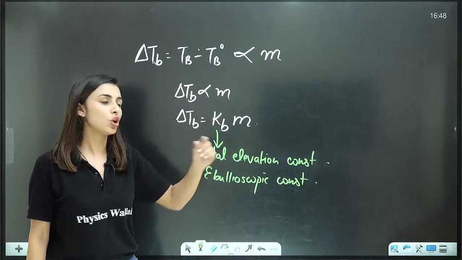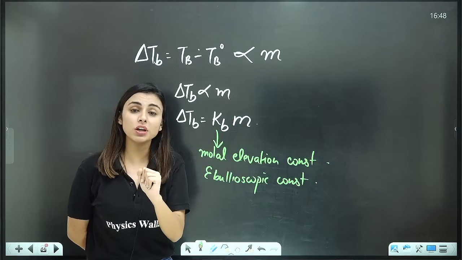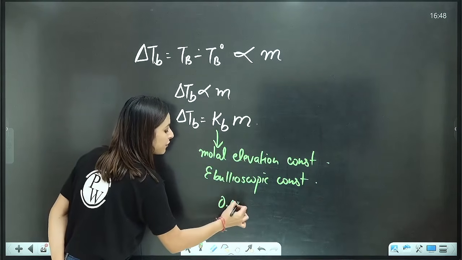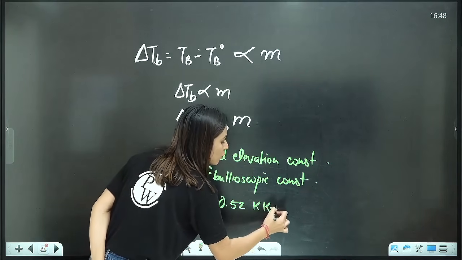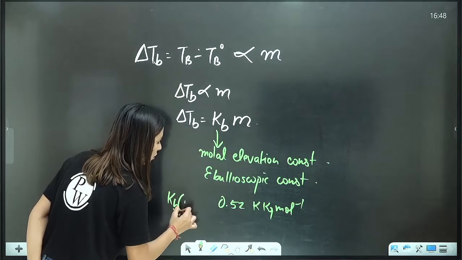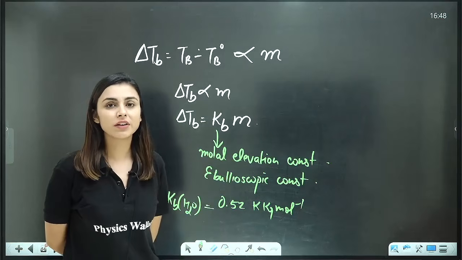For different solvents, Kb values would be different. For example, Kb value for water is 0.52 K kg mol inverse. But in most of the questions, you are given this value.